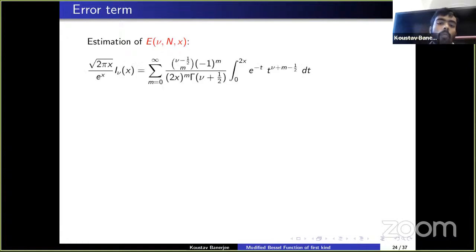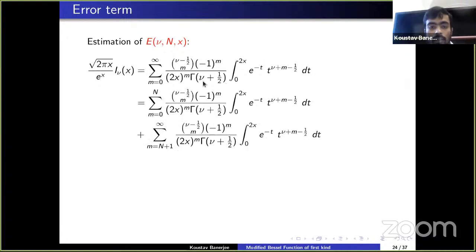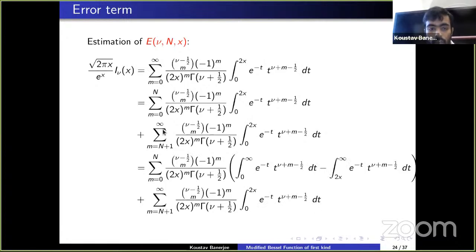I first go back to the definition, square root of 2 pi x divided by e to the x times I nu x. The right hand side is an infinite series, and I split this infinite series as usual, m from 0 to n and n plus 1 to infinity. But still, for m from 0 to n, I do not get the exact expression as in the psi x formula here.